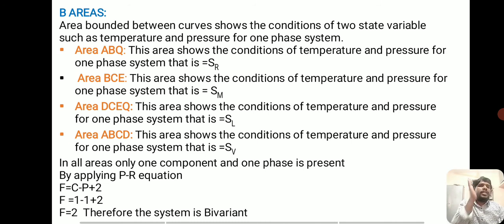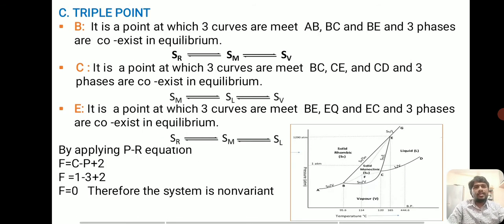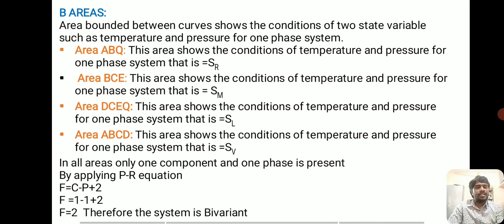An area bounded between the curves shows the condition of two state variables here, that is temperature and pressure, for a one phase system. Area ABG, slight correction here, not ABQ.